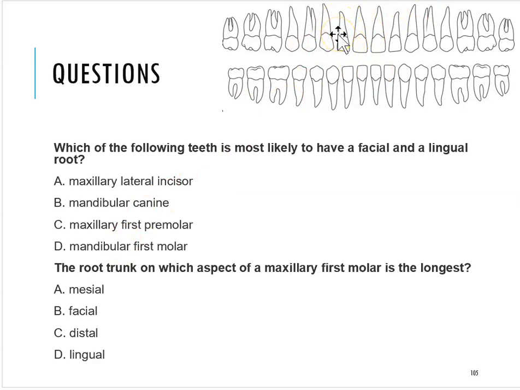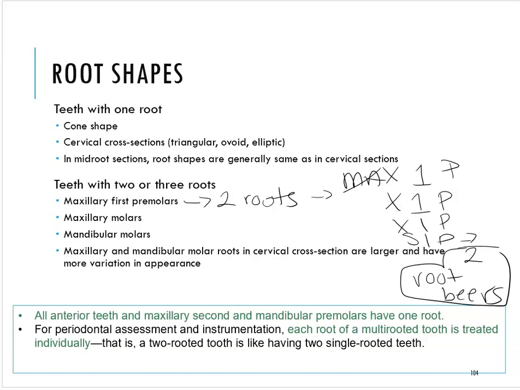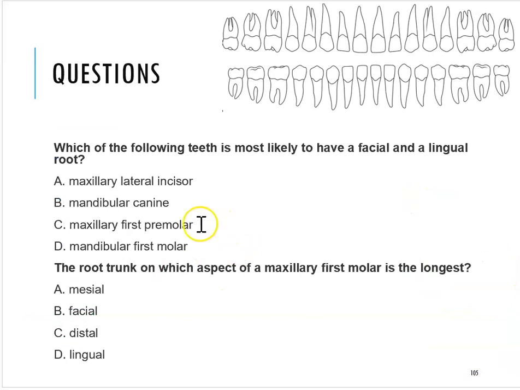Mandibular canine again only has 1 root. Maxillary first premolar, as we remember from the zip trick, has 2 roots. And mandibular first molar has 2 roots as well. So it is not A and B because they are single rooted.